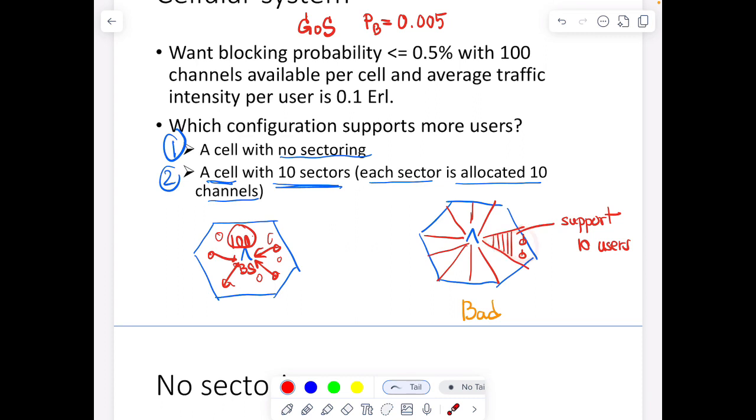And each sector can support 10 users. Imagine this is like you have one queue that can service everybody, but here you have 10 different queues, with different sets of channels. So you can imagine that this is not going to be very efficient, so this is not going to be very good.